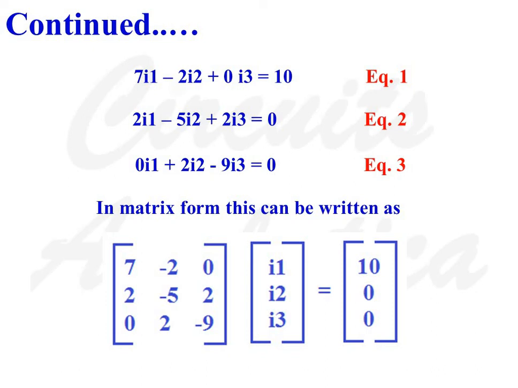So in matrix form, this can be written as matrix of 7 minus 2 0, 2 minus 5 2, 0 2 minus 9 into matrix of I1 I2 I3 is equal to matrix of 10 0 0.